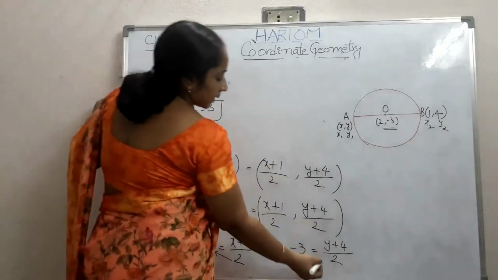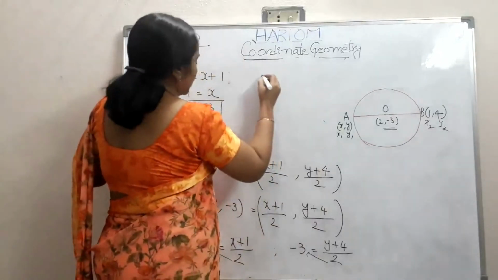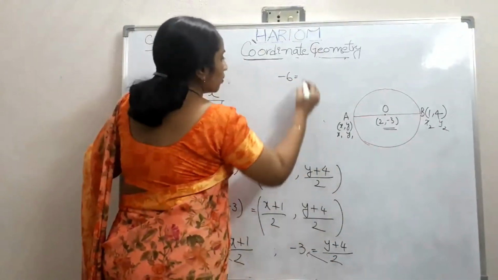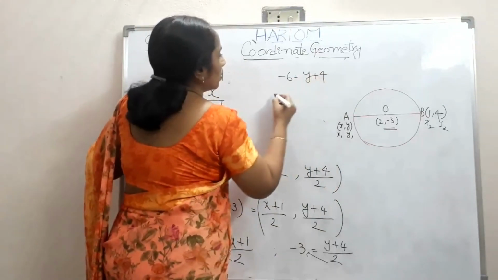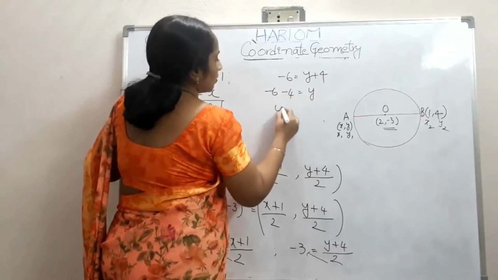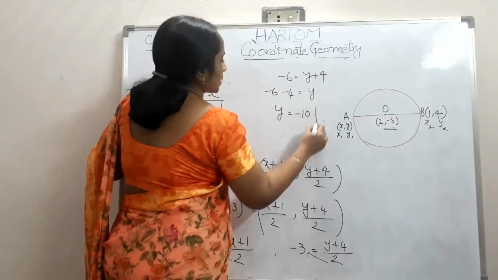Next, by cross multiplication, minus 3 into 2 is minus 6 is equal to y plus 4. Minus 6 minus 4 is equal to y. y is equal to minus 10.